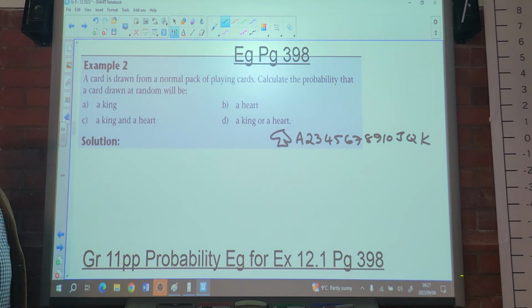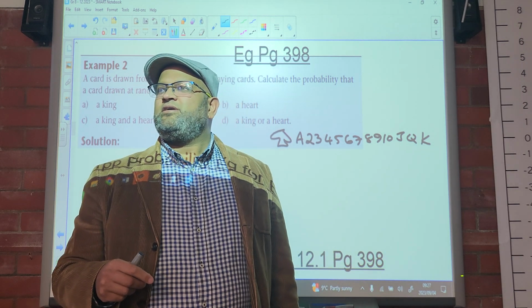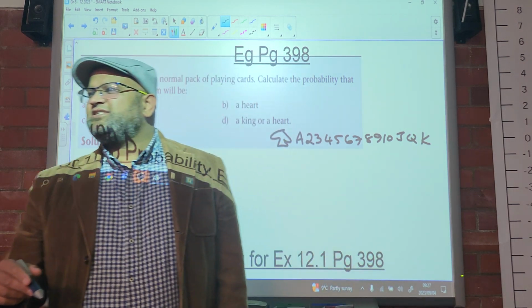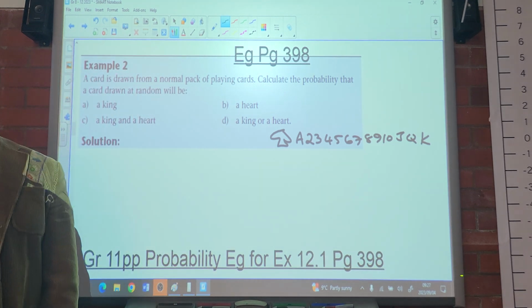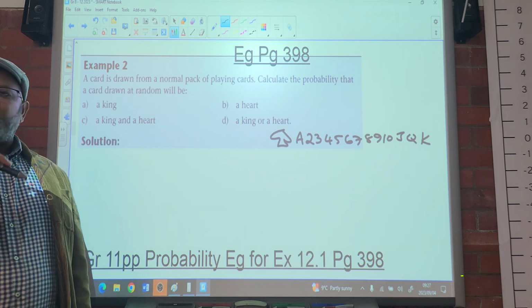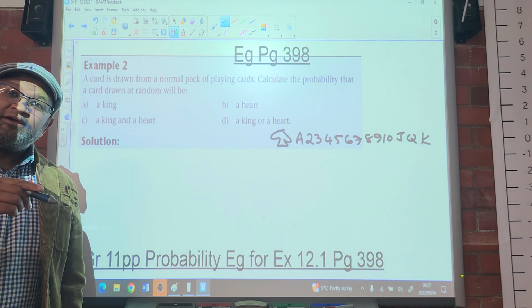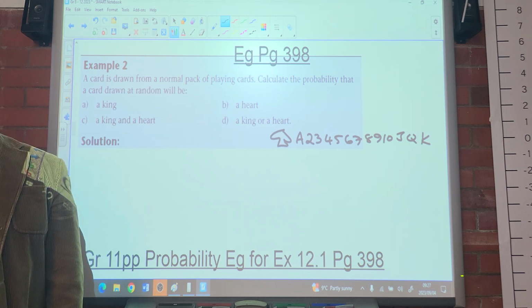So in an exam, they must tell you where the ace belongs. The ace belongs to the set of picture cards, or the ace is at the back of the king, or the ace is in front of the two, if it even affects the question they ask. If they don't specify, then in the exam you can treat it either way.